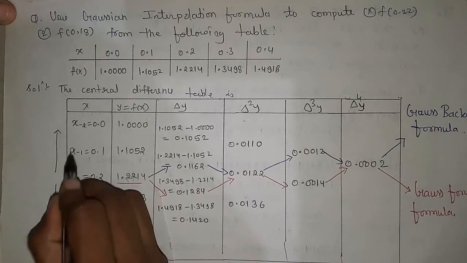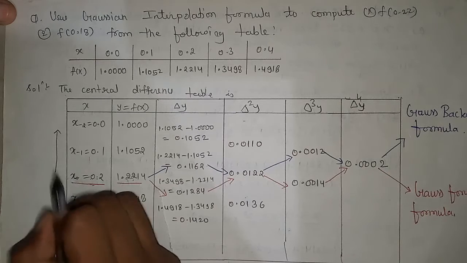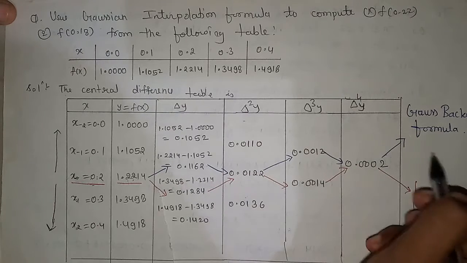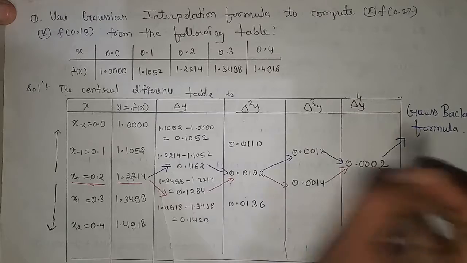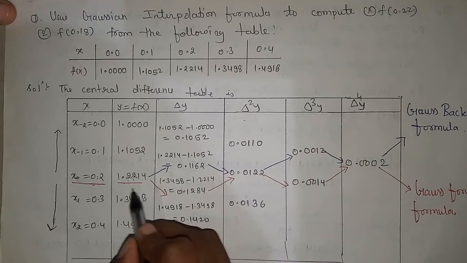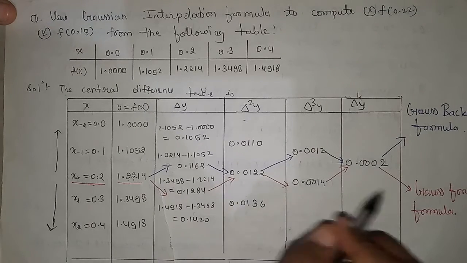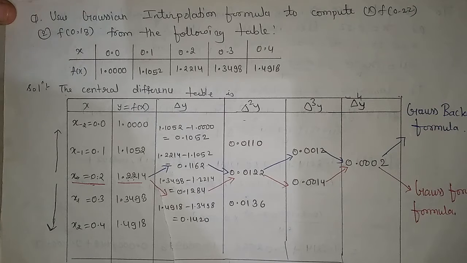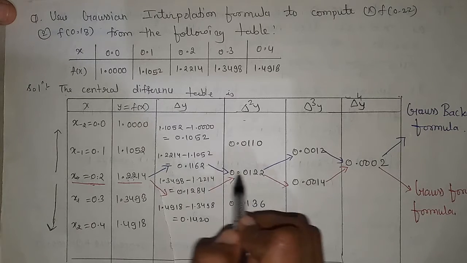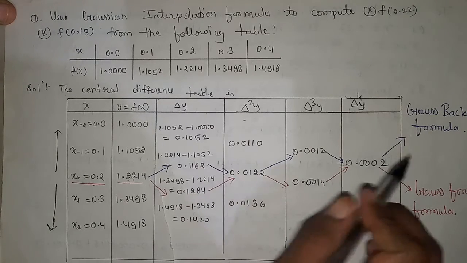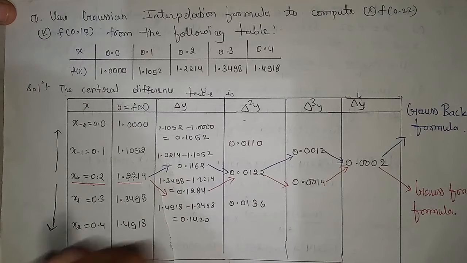If we have to move back, that is calculate a value before x0, then we will use the Gauss backward interpolation formula. The red line which I have drawn here shows the values used for the Gauss forward formula, and the blue line will be used by the Gauss backward interpolation formula.